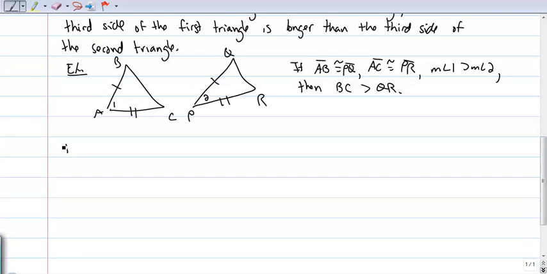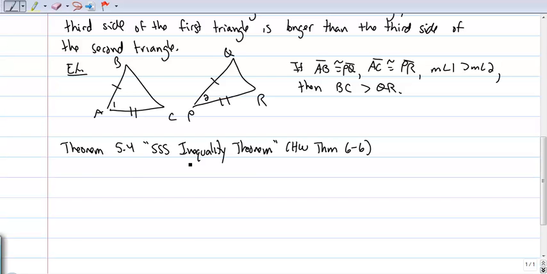Similarly, Theorem 5.4 is called the SSS inequality theorem, Homework Theorem 6-6.